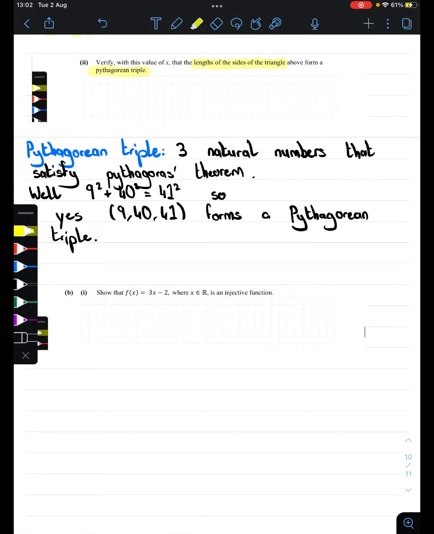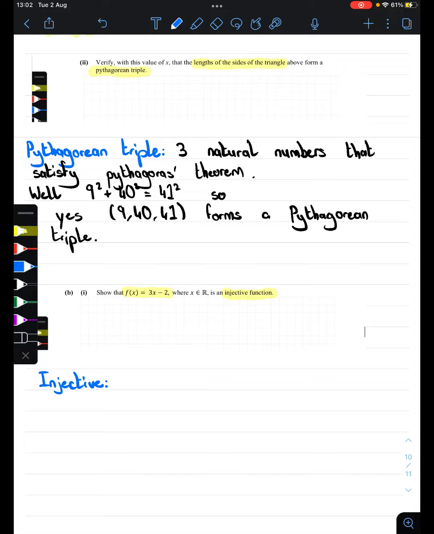Now on to part B. Show that f of x, which is 3x minus 2, where x is real, is an injective function. Straight away, we've got a term here. What does injective mean?